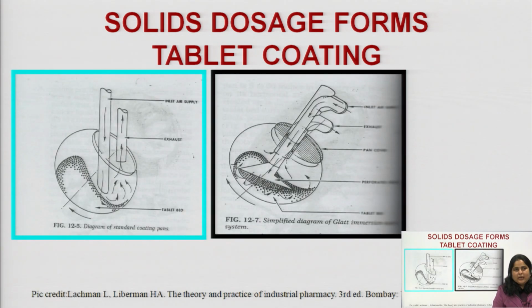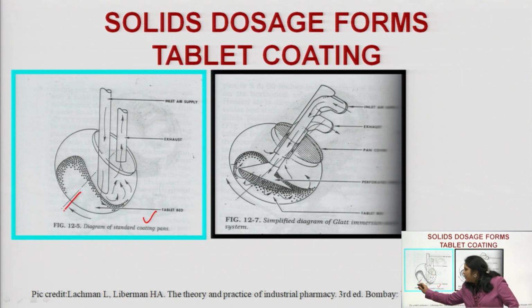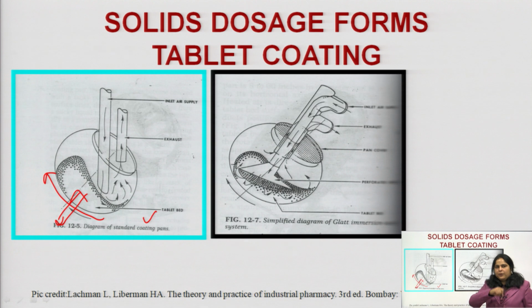Now, the various equipment which are used for tablet coating operations are, first, the most simple one used, the standard coating pan. This was nothing but a simple pan which was mounted on a shaft, and this tablet coating pan rotates on its own axis.